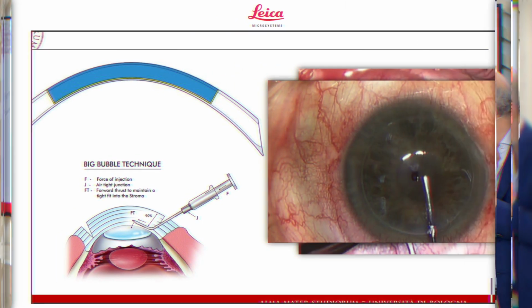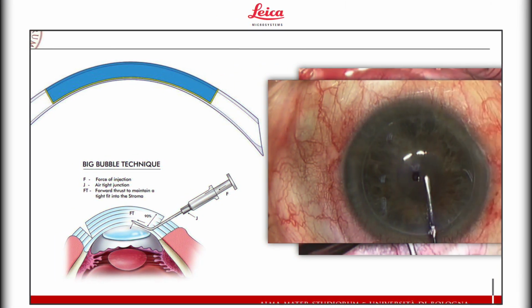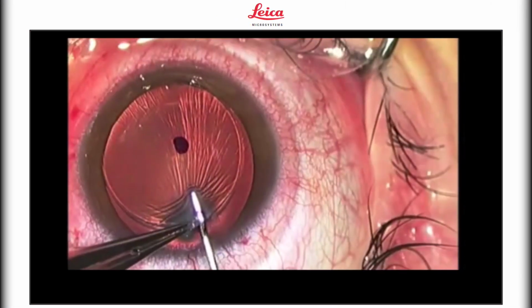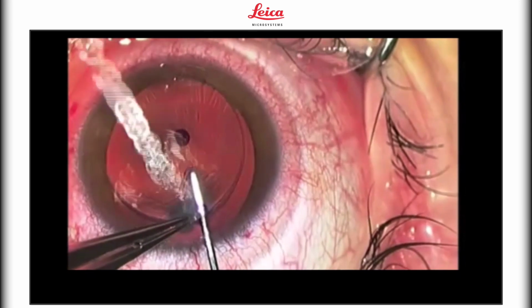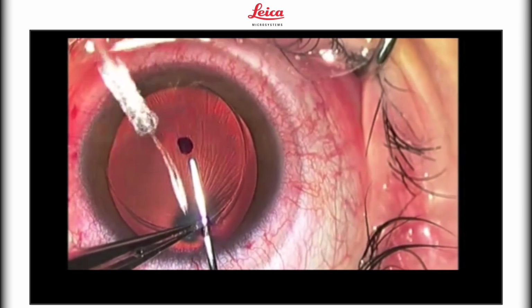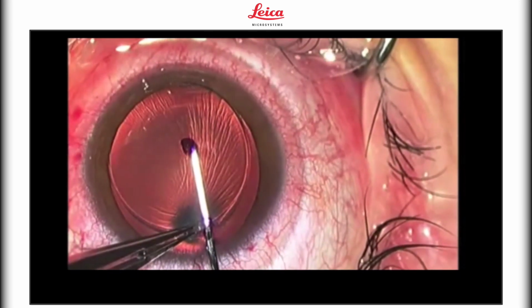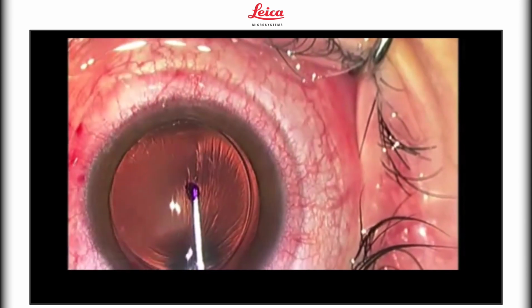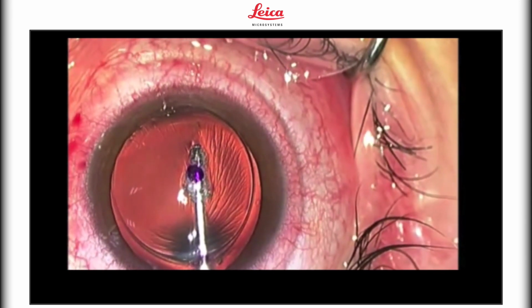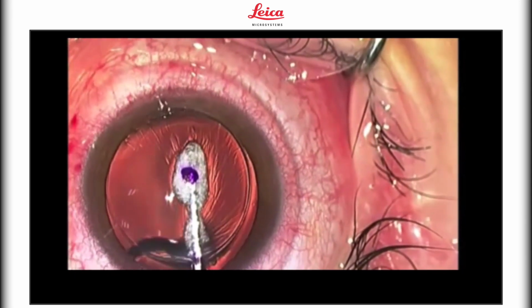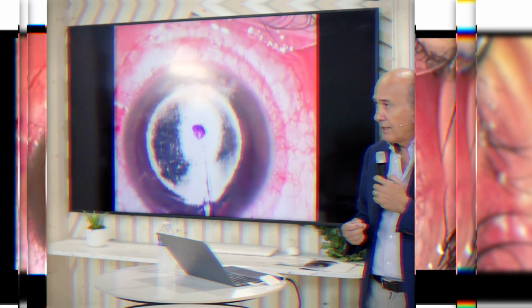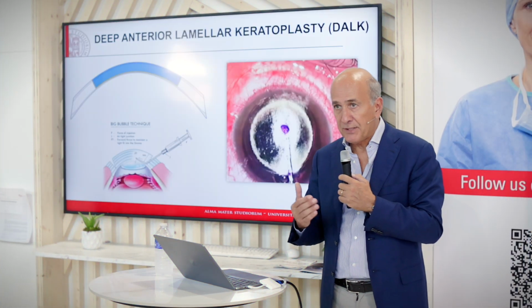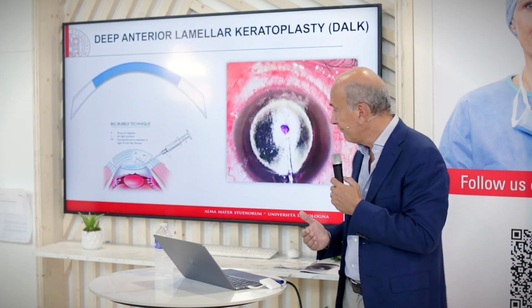And you know that the most practiced procedure in the world is the Mohammed Anwar big bubble technique, that we normally perform by injecting air deep in the stroma and causing detachment between the pre-Descemet layer and the stroma.